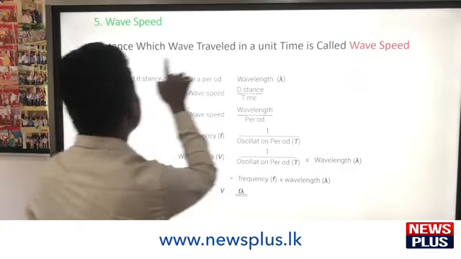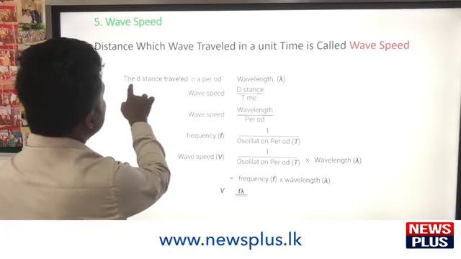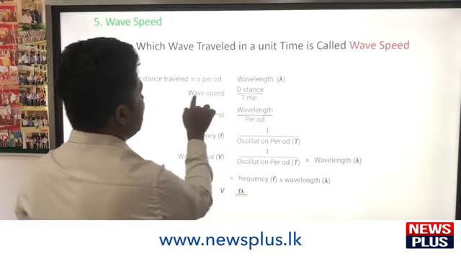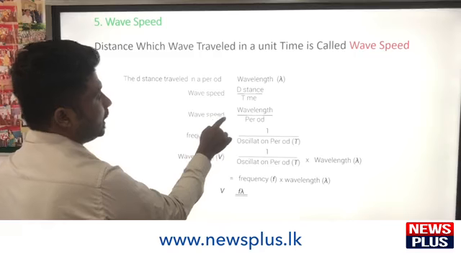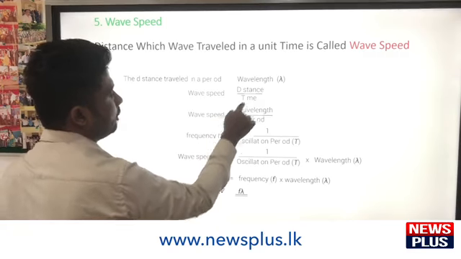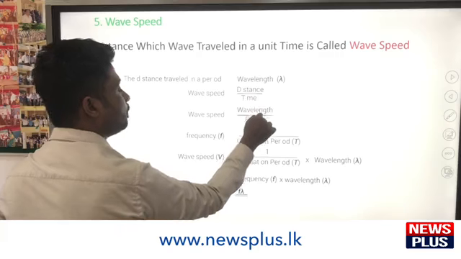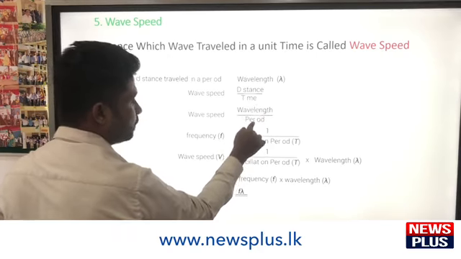Look at this one. The wave traveled, and the term is wavelength. The wave speed is equal to distance over time. Instead of distance we put wavelength, and instead of time we put period.